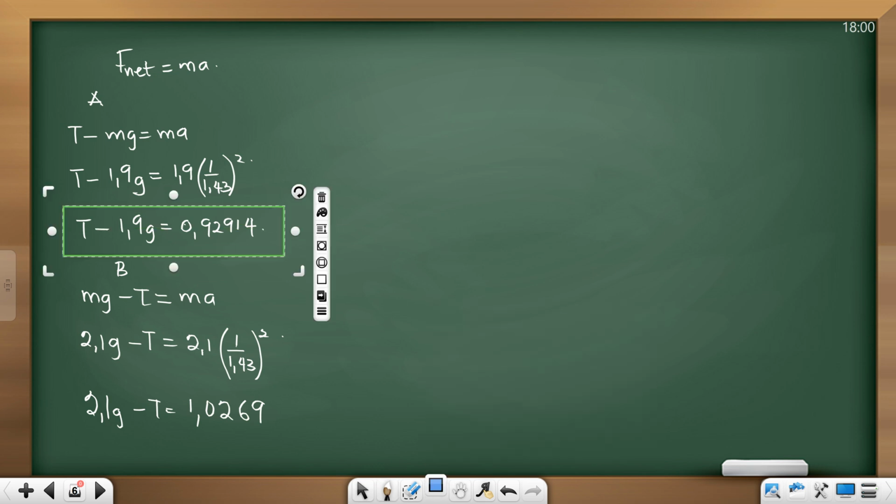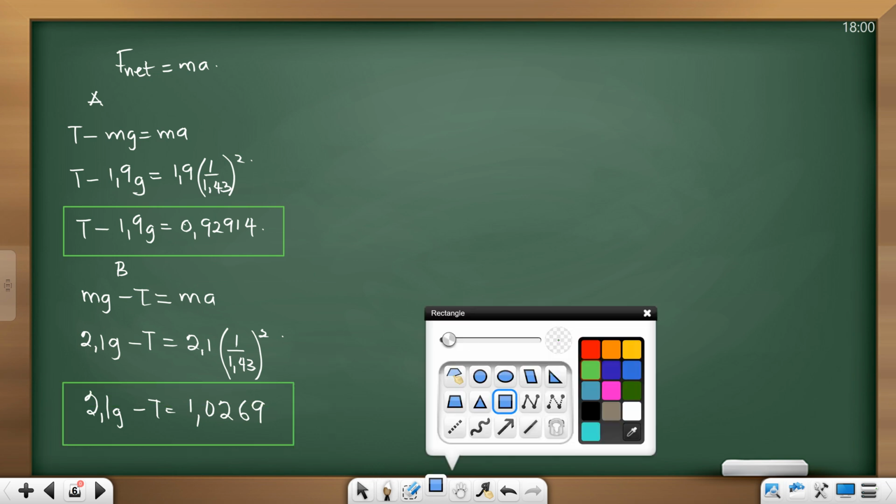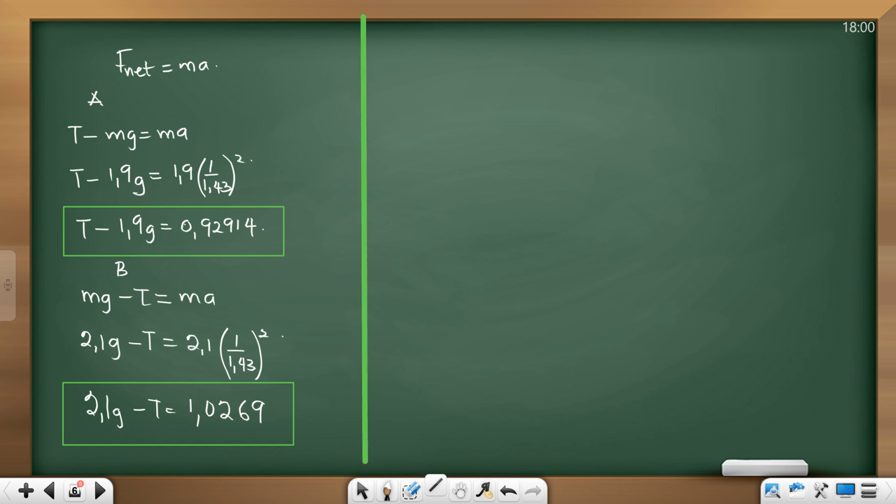We now have two equations. We have equation 1 and we have equation 2. We don't need to calculate tension, guys. If you want, you can use your substitution method by saying T from the equation 1 will be equal to 0,92914 plus, you just trust the process, all right?